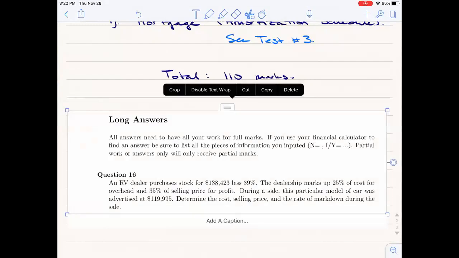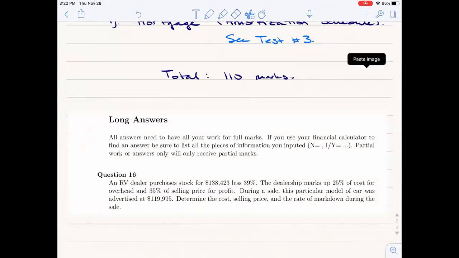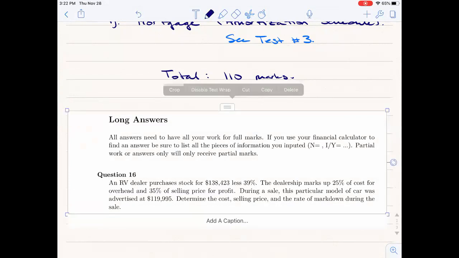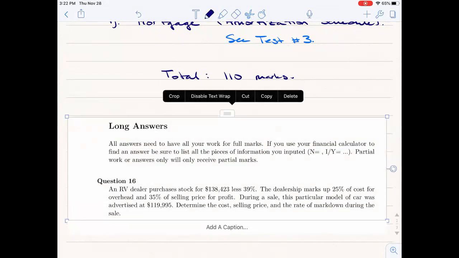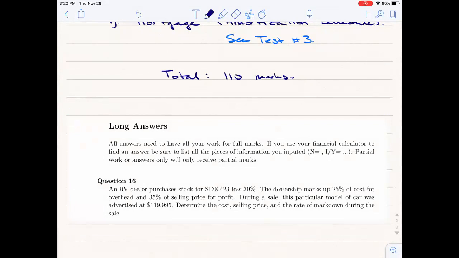Out of 110, so they're not worth really paying any attention to. You're gonna know how to do them anyways. Practice final exam.